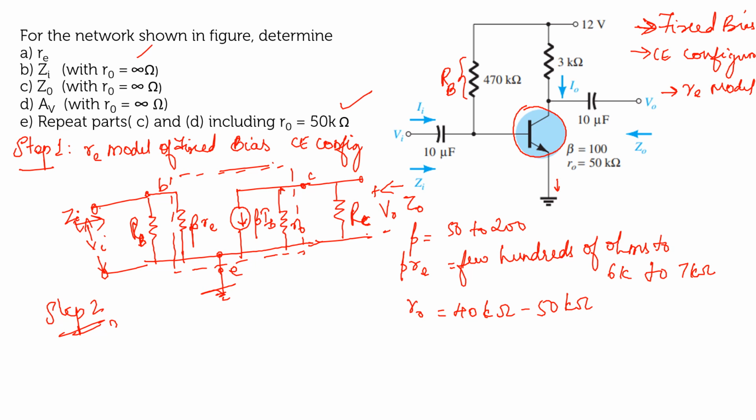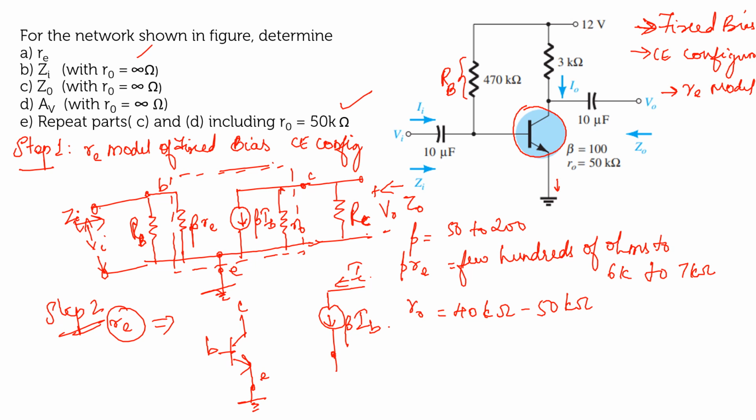In step 2, let us find the first case. In order to find the value for re, you have to go through the basics. Let me consider the input CE configuration. Input is your base, output is your collector, and your emitter is grounded. If I convert this into its equivalent circuit, the output side can be converted into a current source beta into IB, because you know that IC is equal to beta into IB.